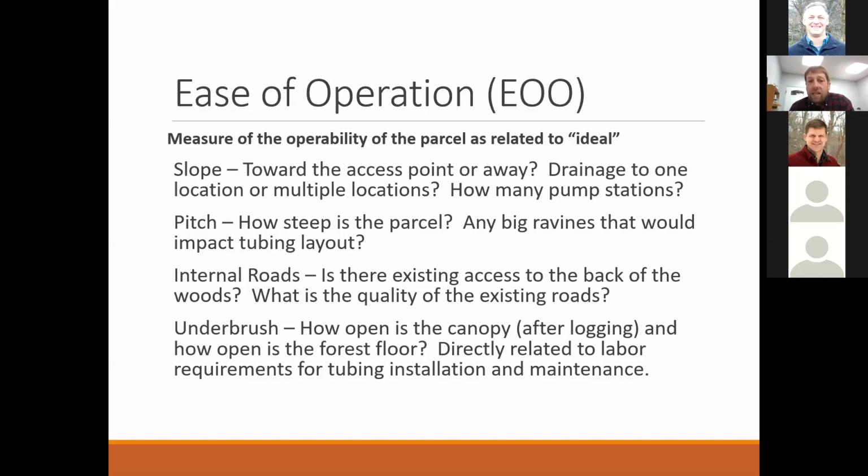It would be that easy 3 to 8% slope with no big ravines that impact tubing layout. It would have internal roads that allow you to access the entire outside of the woods as well as the top of the woods, and there's no lines crossing these roads, and it has no underbrush and a fully closed canopy. I haven't seen it yet, but it's a theoretical ideal.